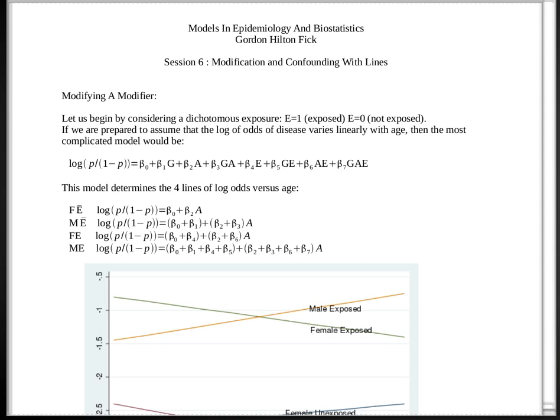And we're going to be dealing with the circumstance in which, for the sake of discussion, we'll have men and women, we'll have young and old, but we'll also have the person's actual age, and we're prepared to assume that the relationship between the log of odds and disease is a line, a series of lines, and we'll see that in a minute.